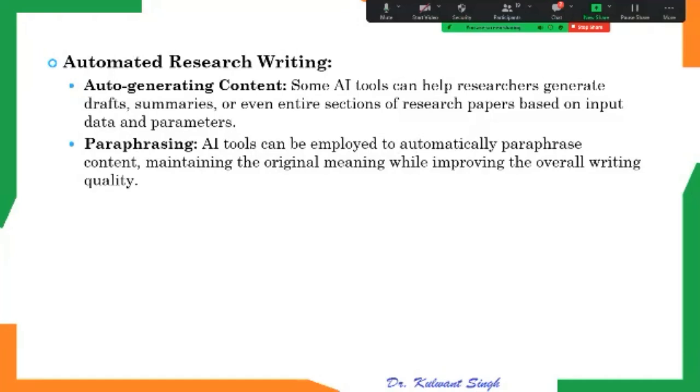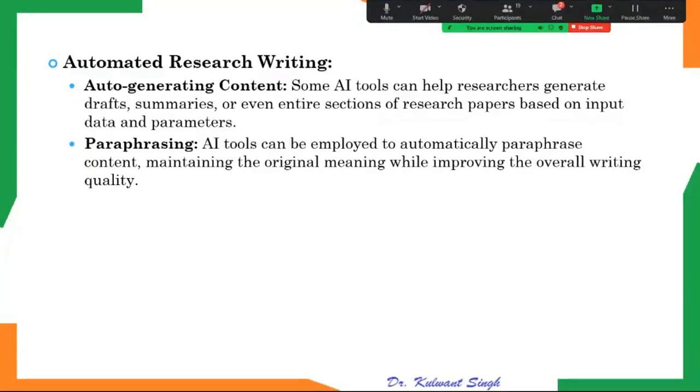Then they can generate a summary, or some brief description in the outline, of what we have to write under the particular head. Even the AI tools can generate the complete research paper if we can provide the input data and the parameters in a proper way.